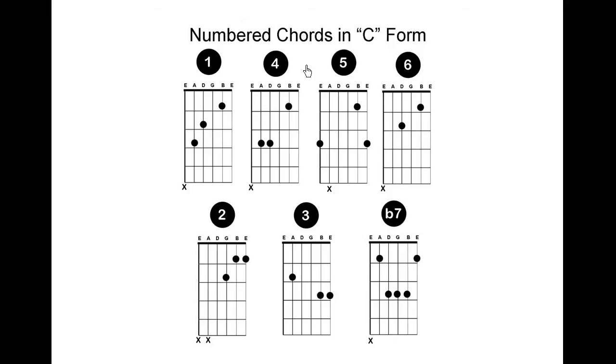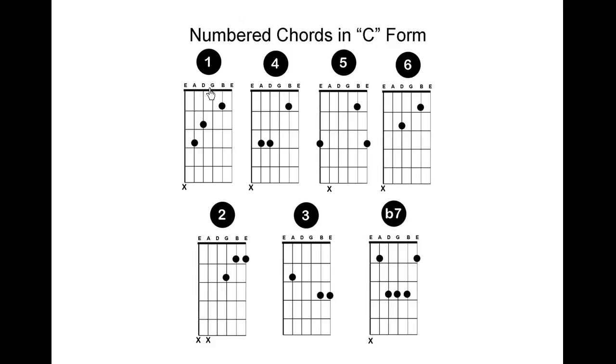So these are the chords in C form. And by the way, I put these all in order of importance. So 1, most important. 4 and 5, these are the 3 most important chords in any form. And then I would say 6. You know what? I shouldn't say most important.